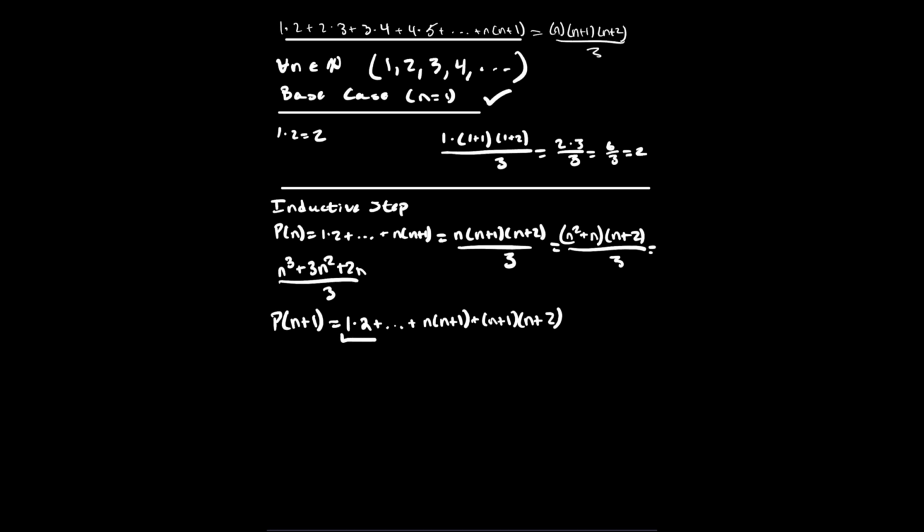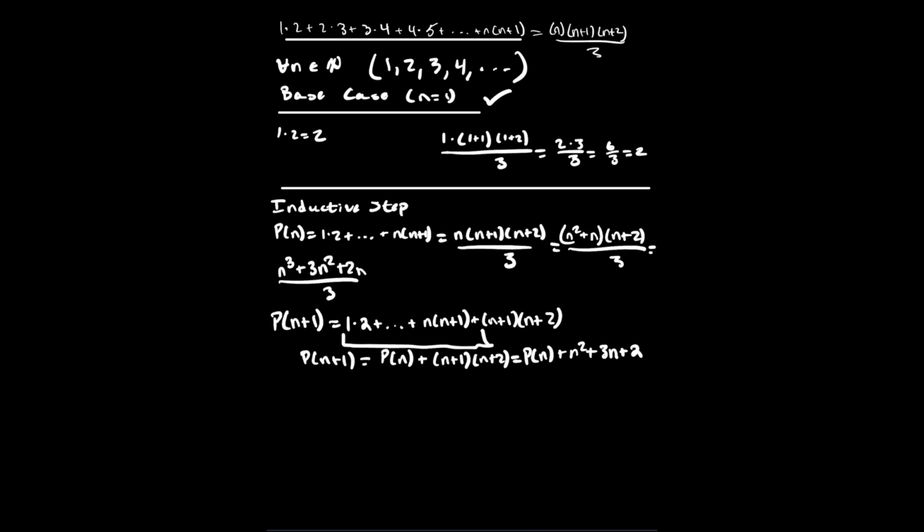So we'll just start with this side. And we can see that this part is P of n. So it's P of n plus n plus 1 times n plus 2, and that's equal to P of n plus 1. We can simplify this by factoring it out to n squared plus 3n plus 2. So next, I'm going to do the same thing for the right side of that equation.